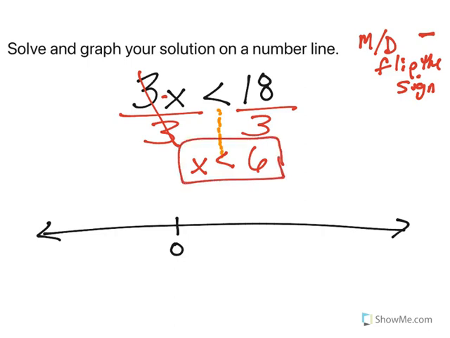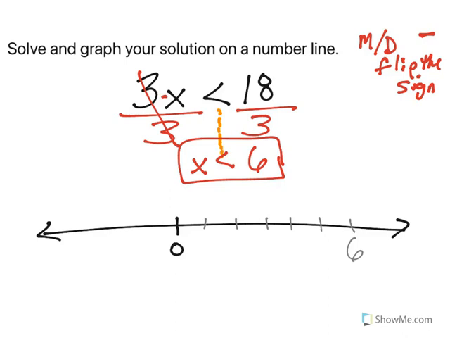When I go to graph that on the number line, okay, so I need 6, which is 1, 2, 3, 4, 5, 6 here. And I always put my variable on the left. It makes it a little easier. X is less than 6 means this represents all the numbers that are less than 6, smaller than 6.